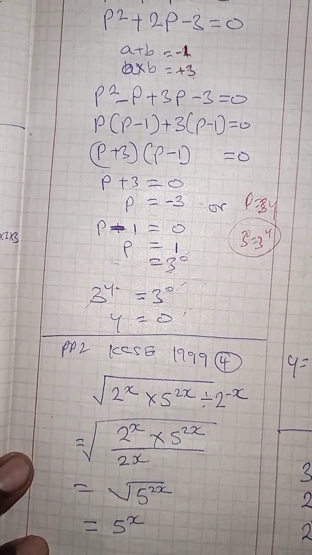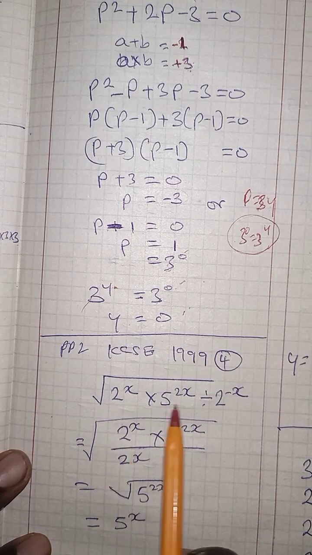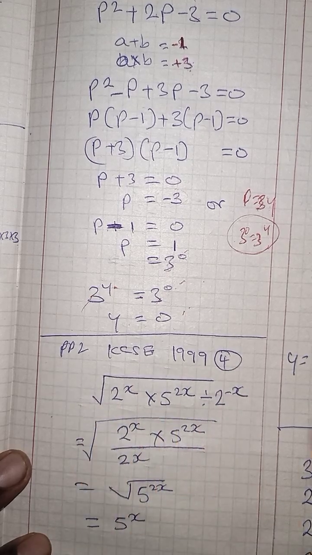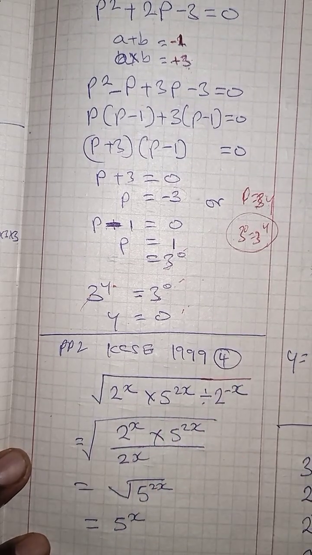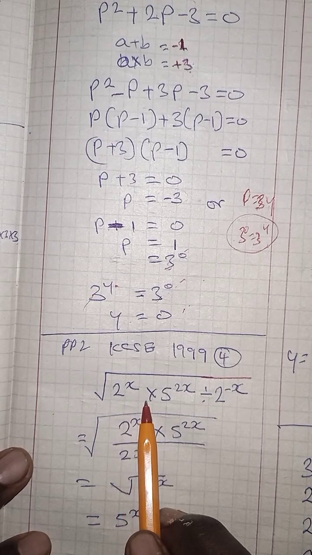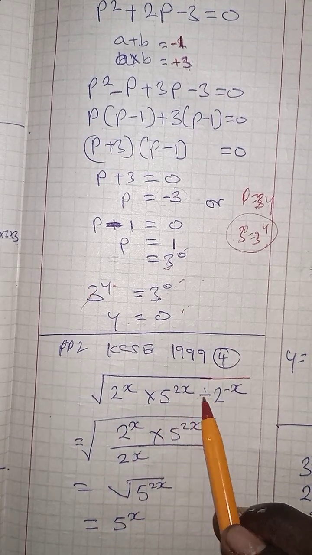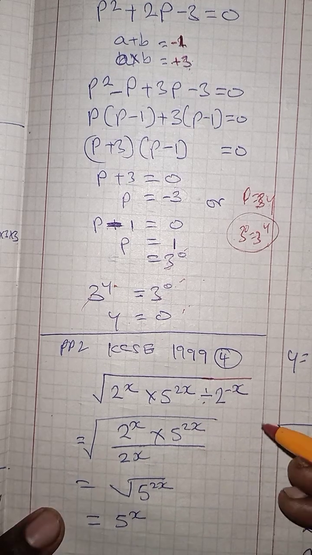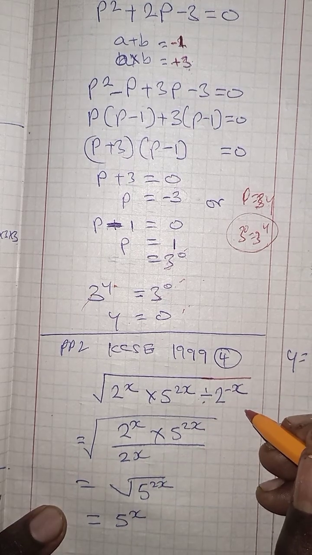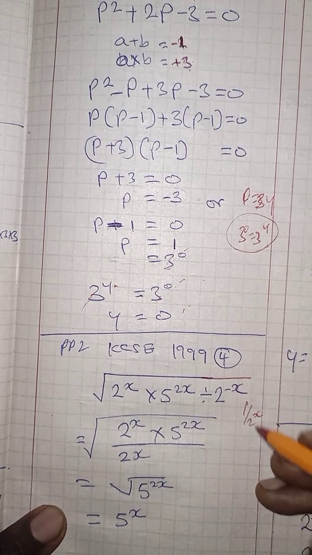Now, let's go to this one. This one we are told to solve for the value of x. Now, 2^x times 5 raised to the power of 2x divided by 2 raised to the power of negative x. Remember, 2 raised to the power of negative x can be written as 1 over 2^x.